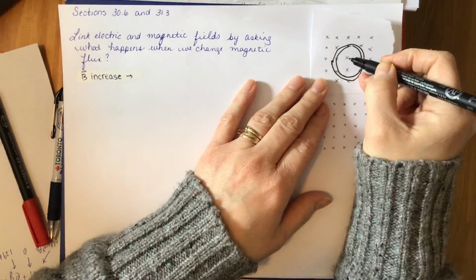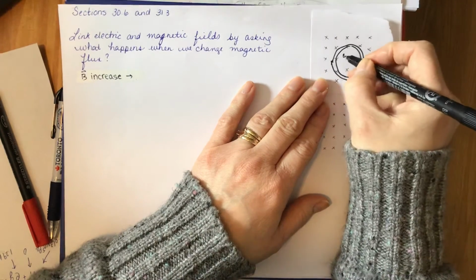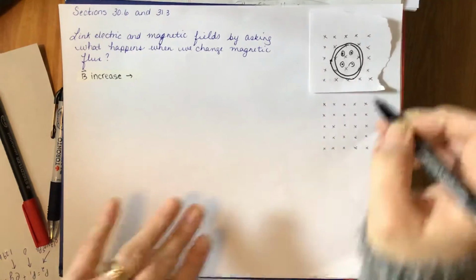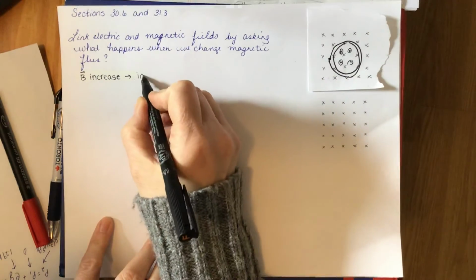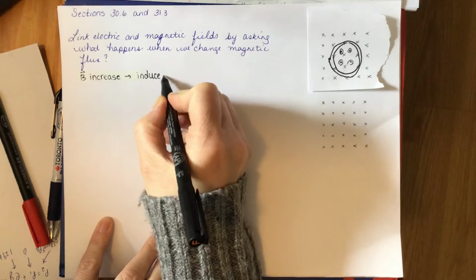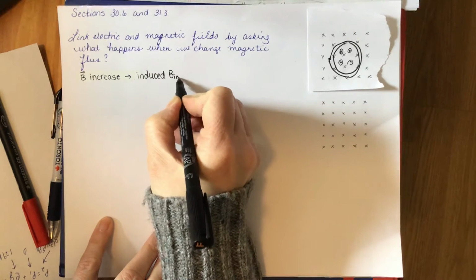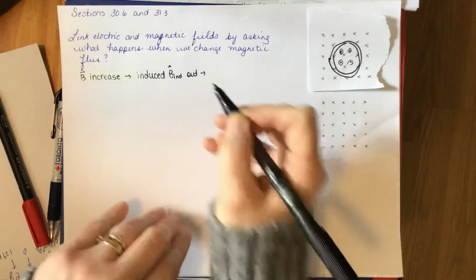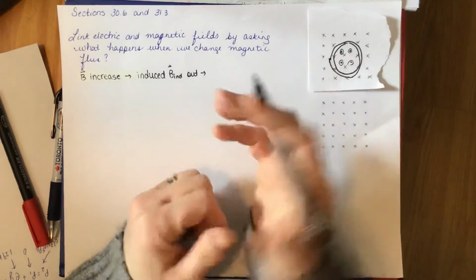If B is increased into the page, then our induced field will be out of the page. So if we increase B, we induce a field out of page.